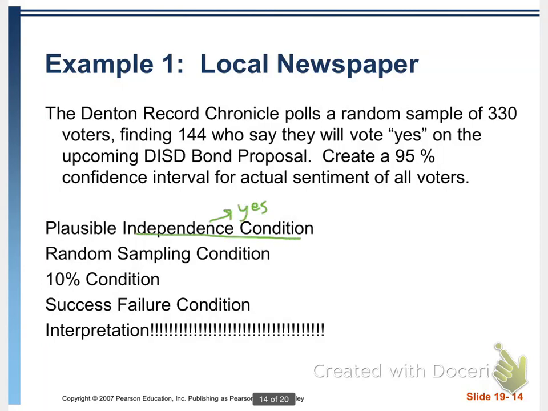Yes, it's reasonable since it was random.